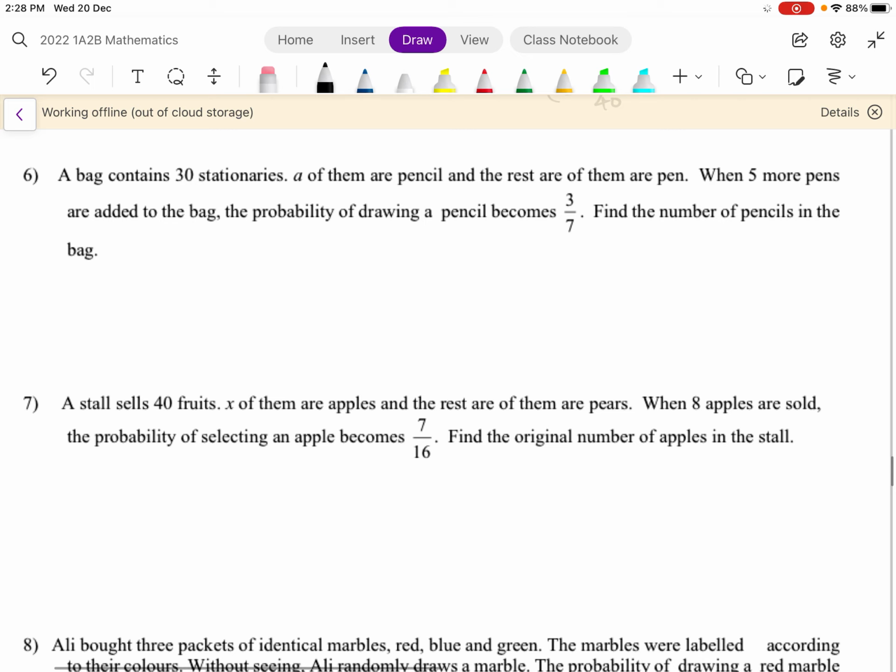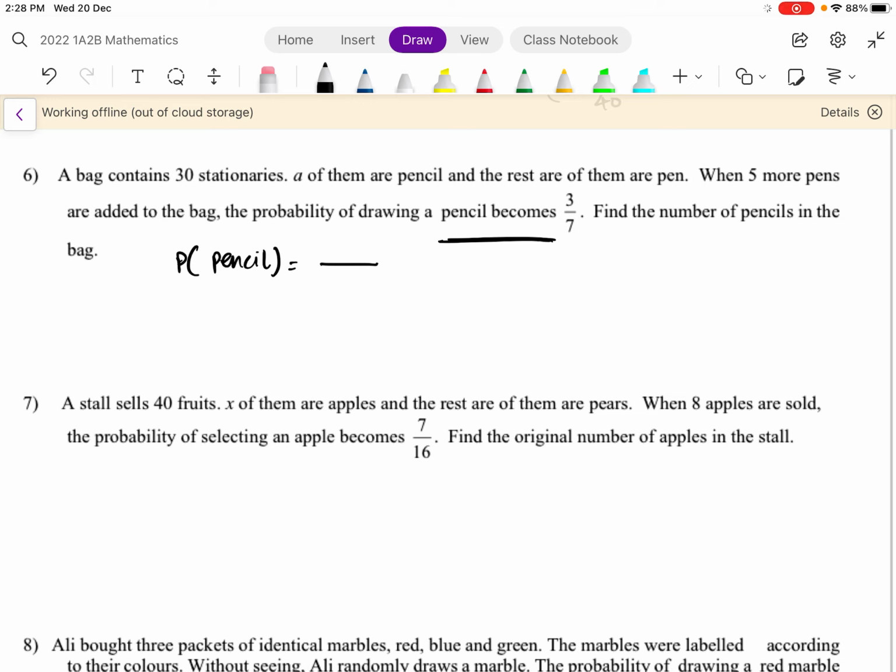Now, we're going to use the final outcome over here, probability pencil. To draw a pencil out of the total number of stationery, this is going to be the working for the probability.